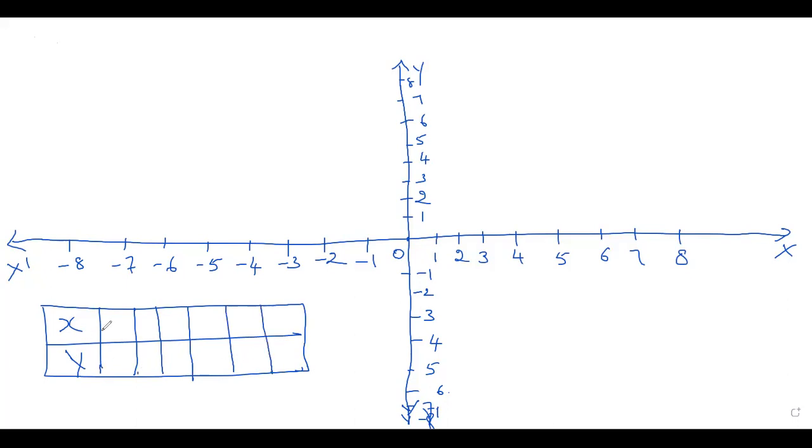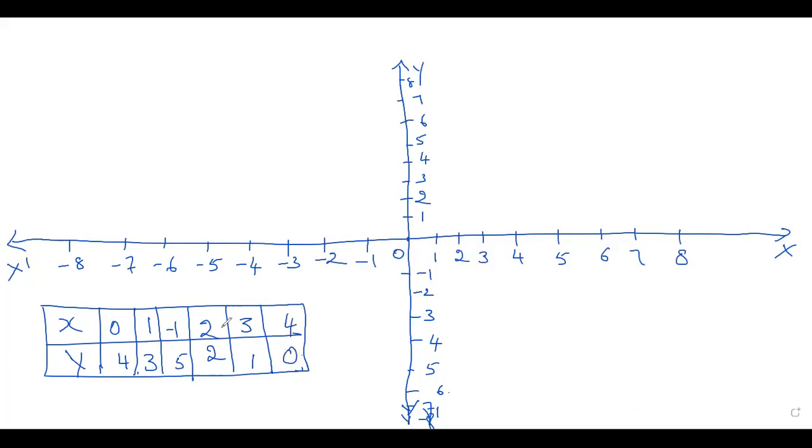Whatever points you have found out, when x is 0, y is 4. When x is -1, y is 5. 2, 2; 3, 1; 4, 0.